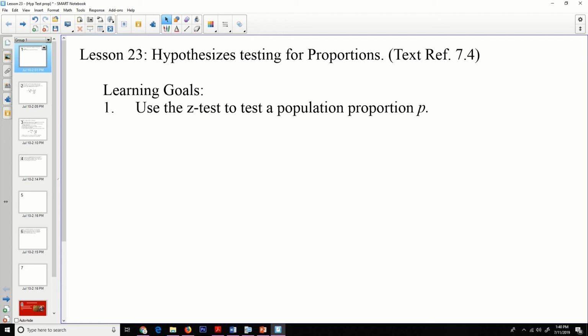We're going to go through the level of significance. We're going to determine critical values. We're going to talk about our rejection regions. We're going to find the standardized test statistic by using the calculator, and then we're also going to use the calculator to do the alpha value, and then we'll make a conclusion at the end.